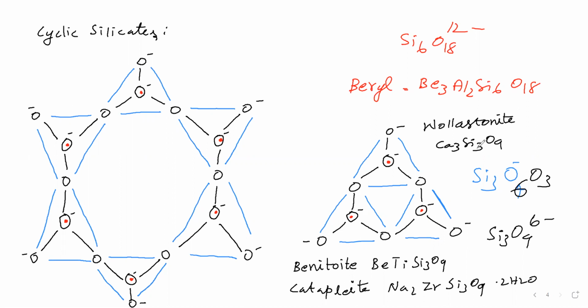Next we will see about sheet silicate. Next we are going for sheet silicate. In this sheet silicate, we will take one silicon. This is O minus. This O is bonding with the neighboring silicate unit.